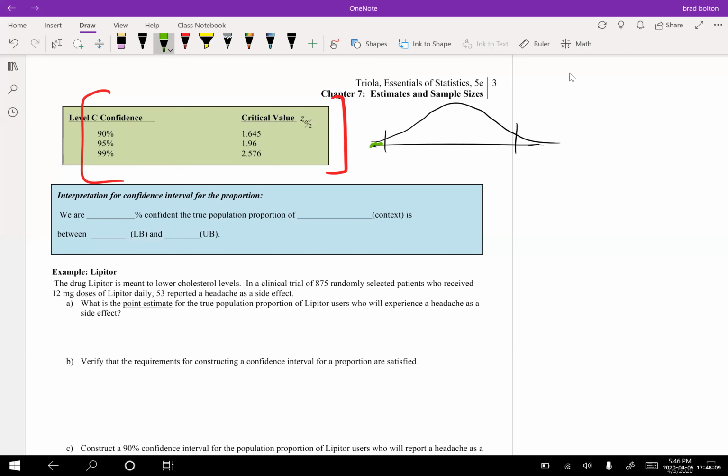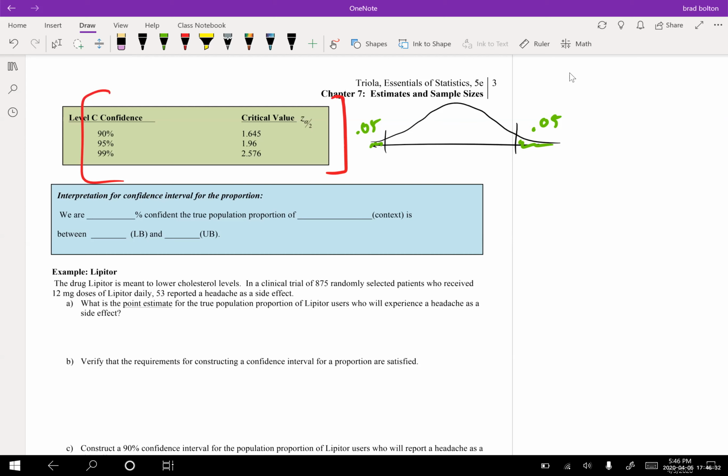And then you have this and you have that. Okay, so Z alpha over 2 is splitting whatever alpha is and cutting it in half. So if you're doing 90%, let's say, then you have 0.05 over here and 0.05 over here. And so you would do the same for 95 and 99. You would cut the leftover alpha in half.